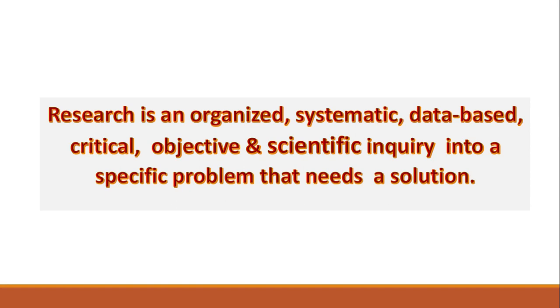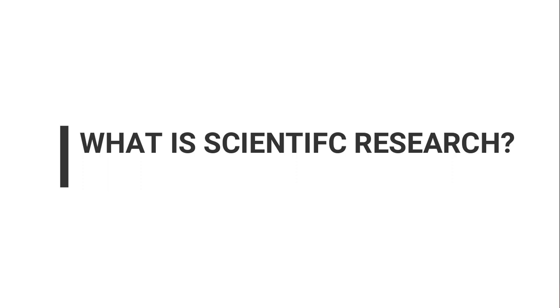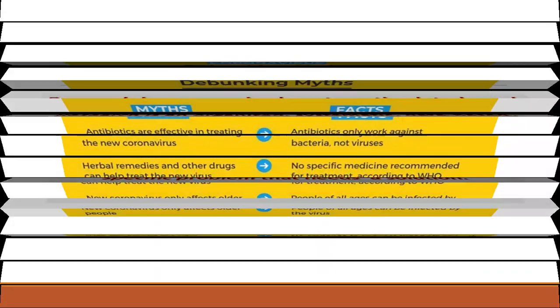But with objective, we can also add the word scientific because both basic and applied research are carried out in a scientific way. So it is important for us to understand what the term scientific means. So before we discuss further what the scientific approach towards research means, let's look at an example.